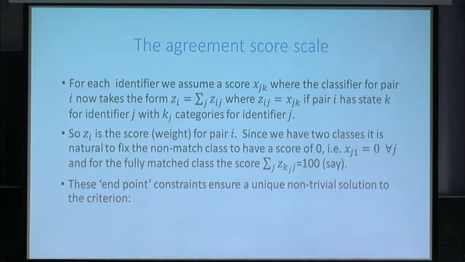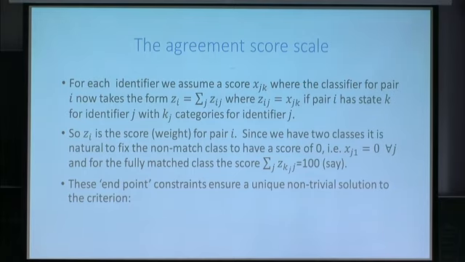So let's assume we have these scores. So each of the zeros for each identifier has a score X. For pair I, the sum of those is going to be a classifier, okay? And Zij is equal to Xij, where the pair I has state K for identifier J, okay, with Kj categories for that identifier.